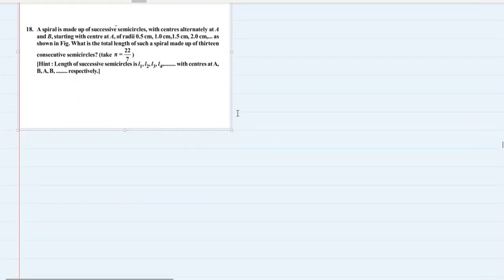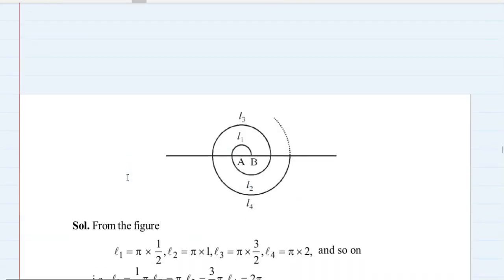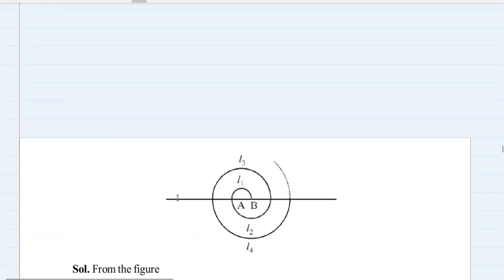Okay, next question is, a spiral is made up of successive semicircles with centers alternately at A and B. You see, this is the line along which the two centers are lying.